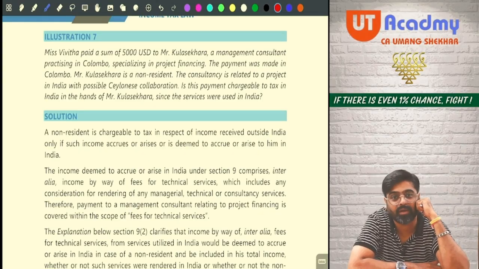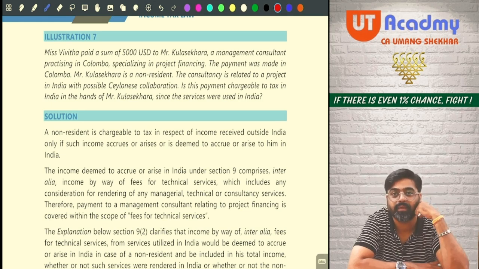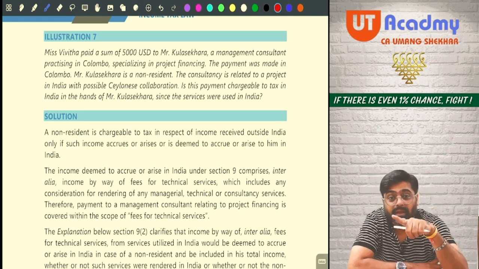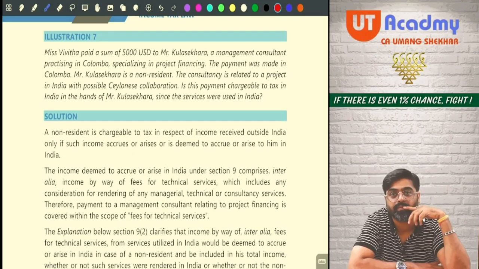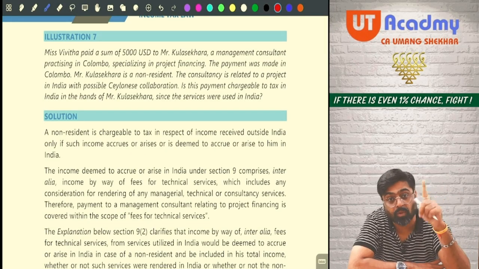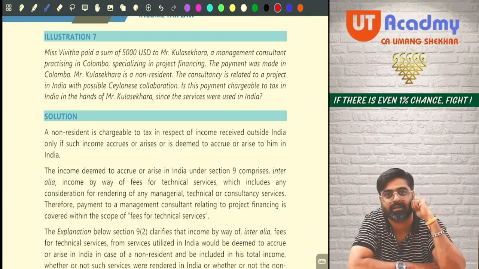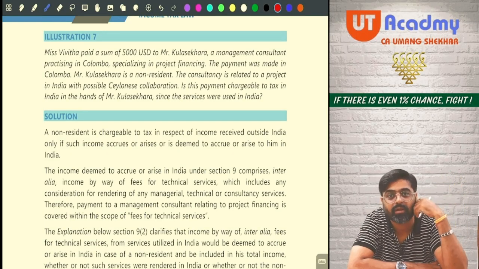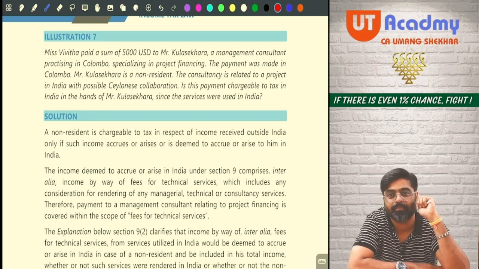Will it be his foreign income or Indian income? It depends on for what purpose he is earning this income. Now see, he is earning this income because he gave some management consultancy to Vivita for Vivita's project in India, which has a Ceylonese connection. Ceylon is also a city in Sri Lanka.